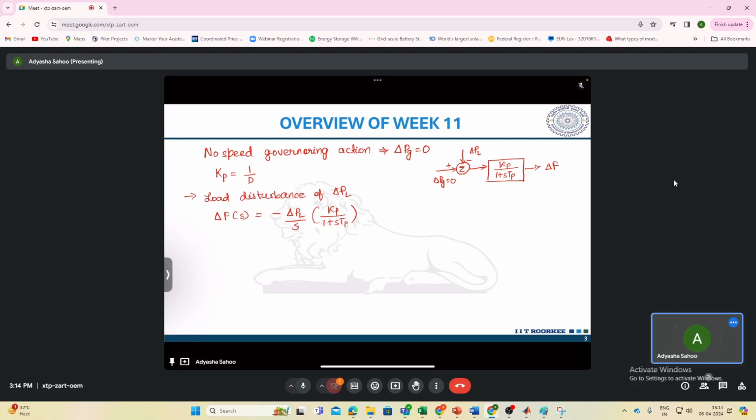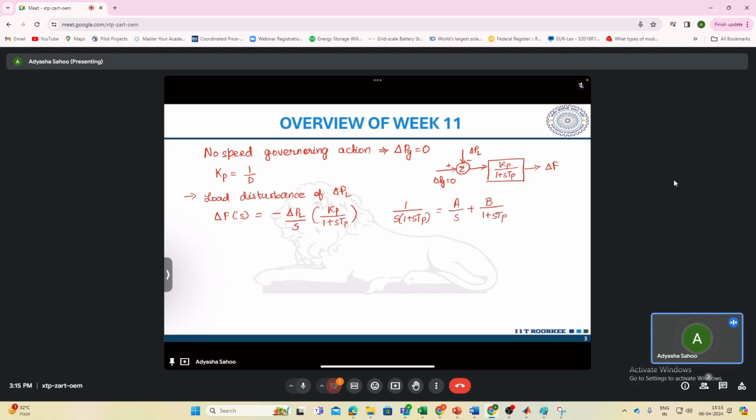Now we know that by the method of partial fractions, we can decompose this into two separate terms.